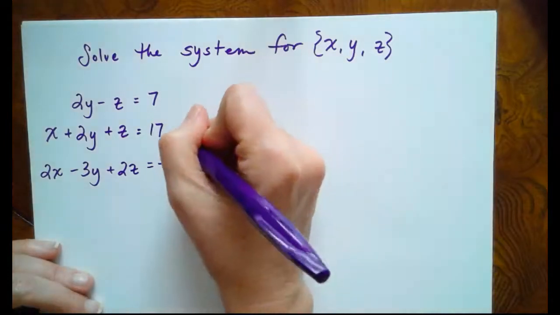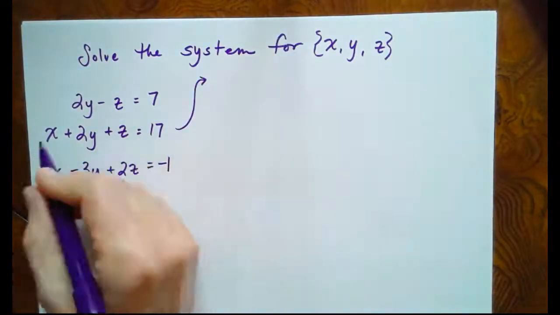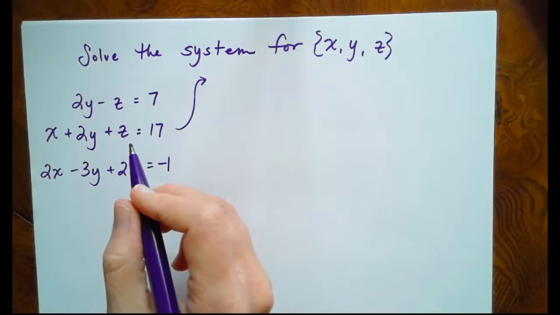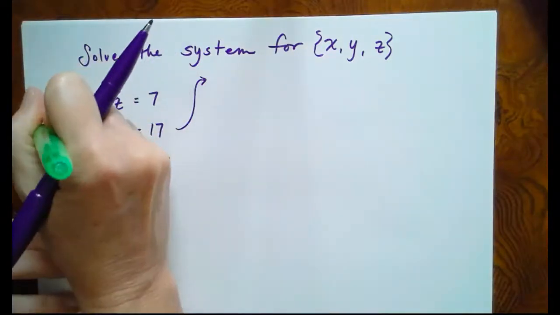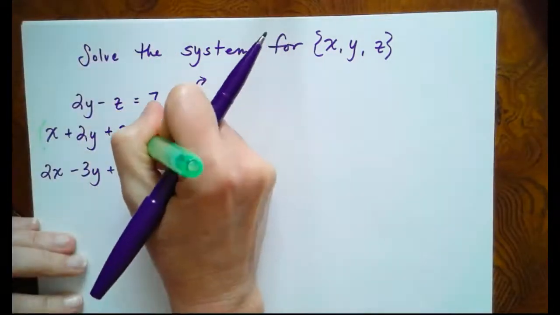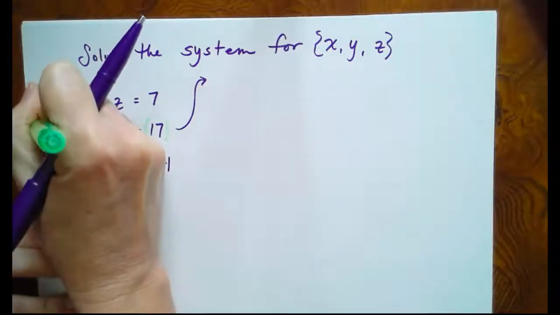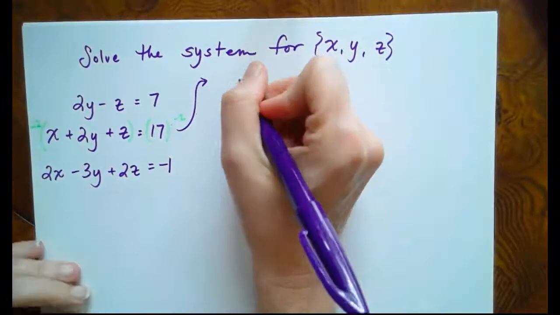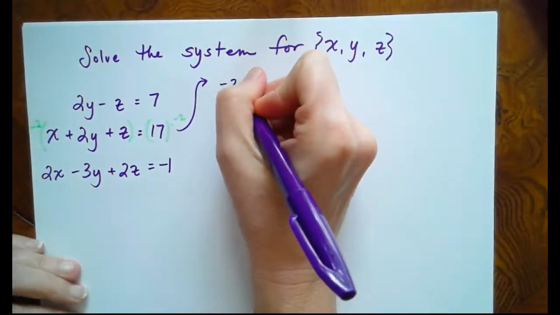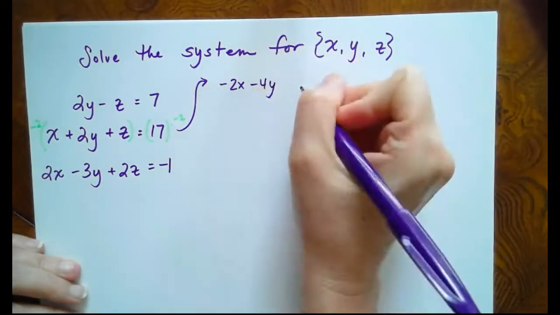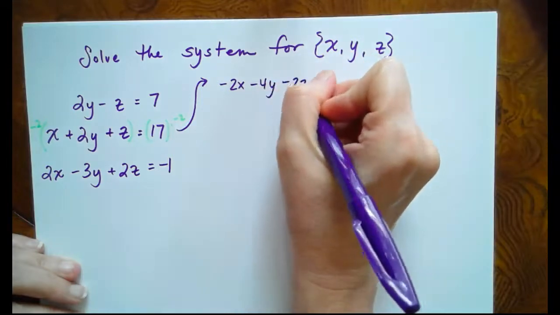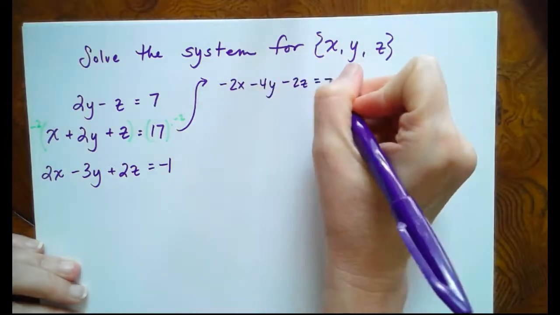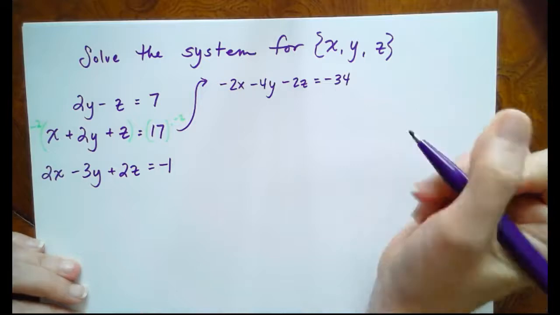So I'm going to take this first equation and I am going to multiply everything by negative 2 in order to have opposite coefficients on the X's. So that's going to be negative 2x minus 4y minus 2z equals negative 34.